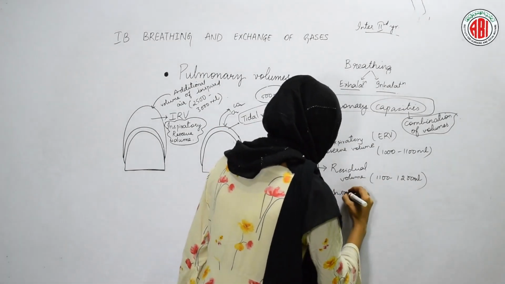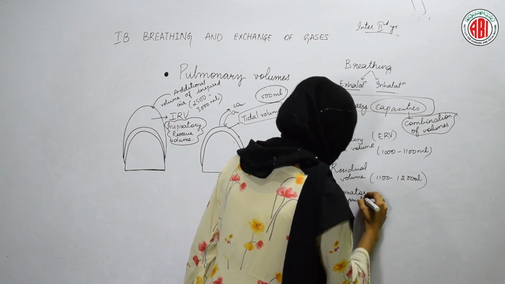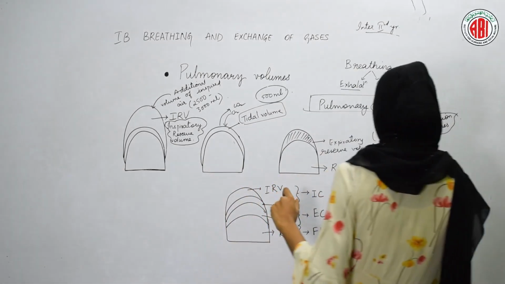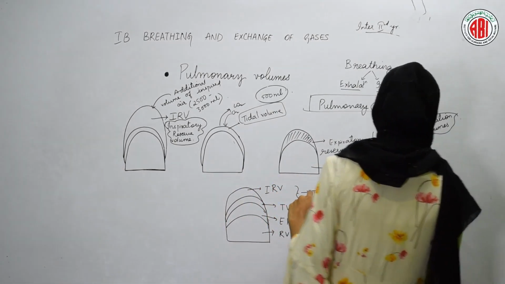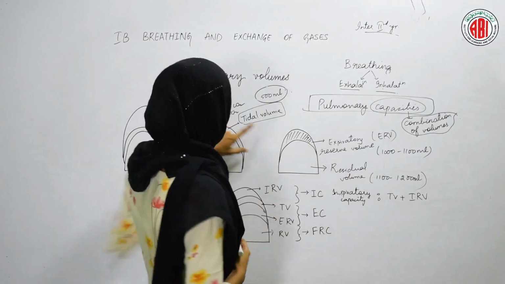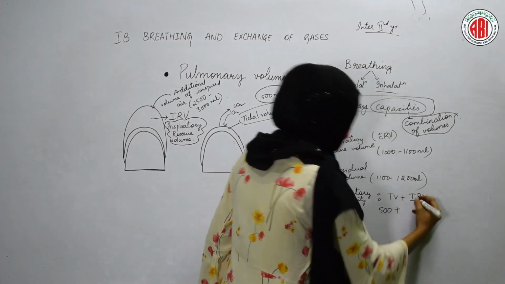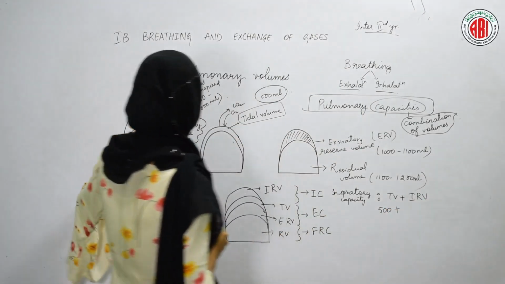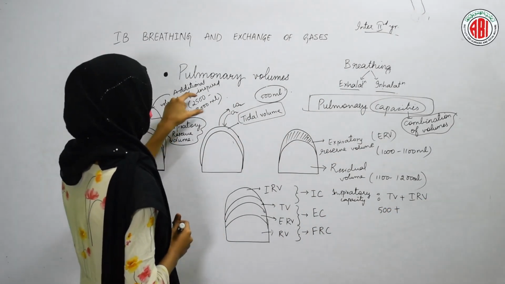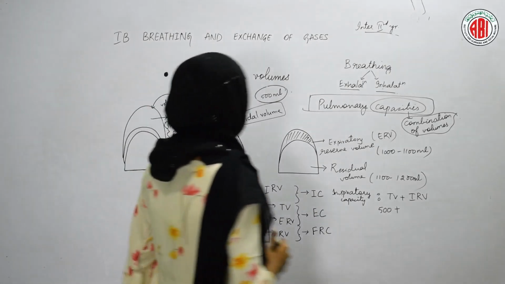Here I am going to write the full form. IC means inspiratory capacity. It shows the combination of two volumes and they are TV plus IRV. The value of TV is already given here, that is 500. So we'll write here 500 plus IRV is also given, inspiratory reserve volume, that is 2500 to 3000 ml.